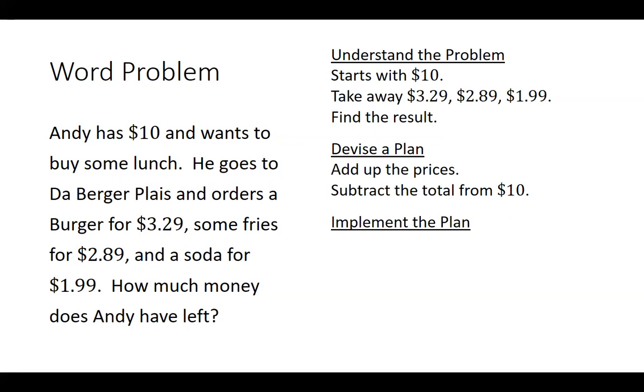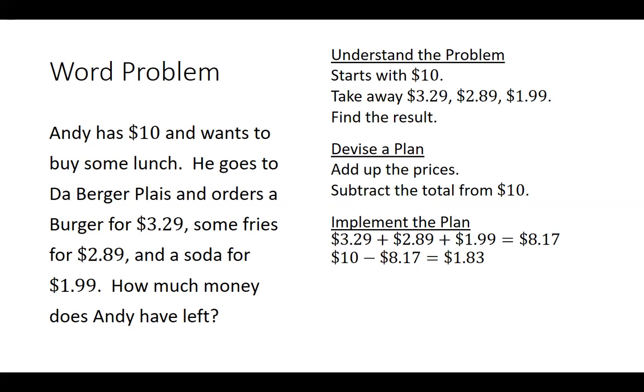So now we implement the plan. So $3.29 plus $2.89 plus $1.99 is $8.17. So we've added up the prices. Now we're going to subtract that total from $10. So 10 minus $8.17 is $1.83.